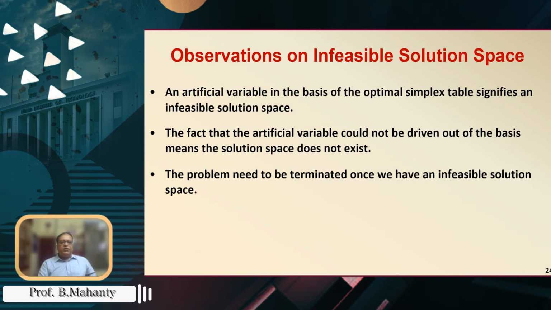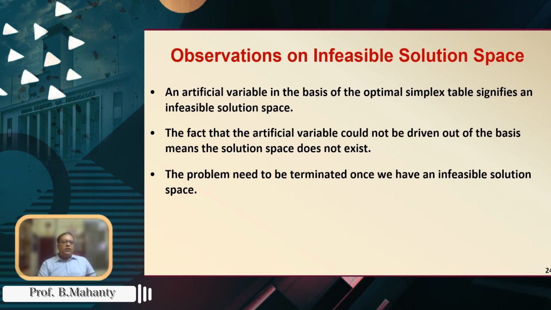The fact that the artificial variable could not be driven out of the basis means the solution space does not exist. The problem needs to be terminated once we have an infeasible solution space.